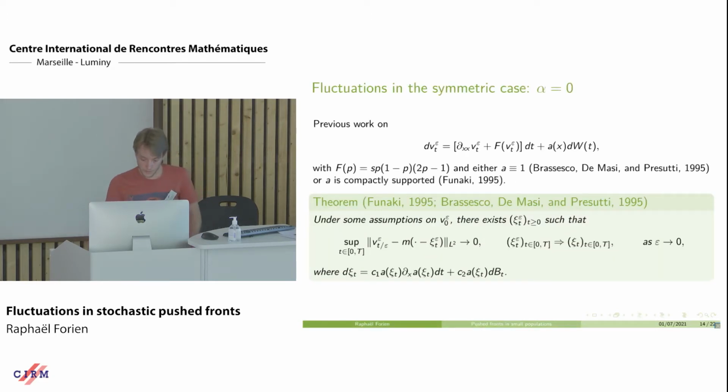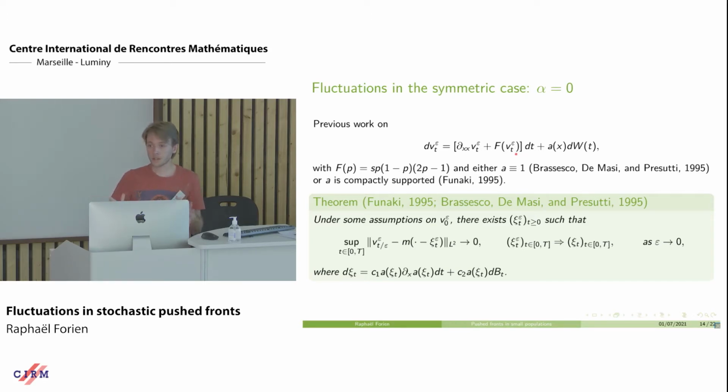There is previous work on these equations, slightly related as PDE, where we have the same deterministic part and a slightly different noise term in the case where alpha equals 0.